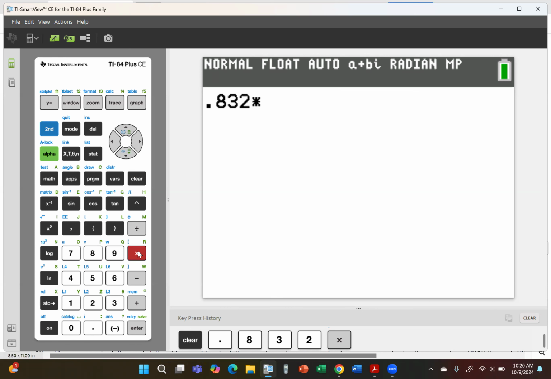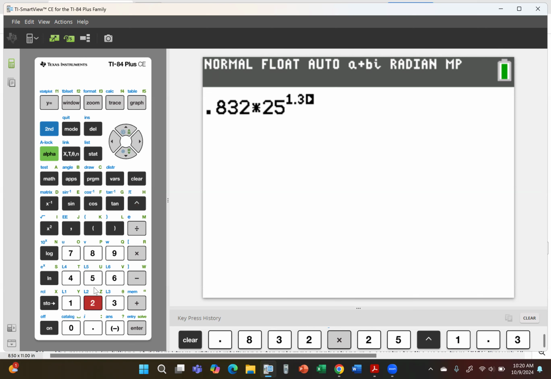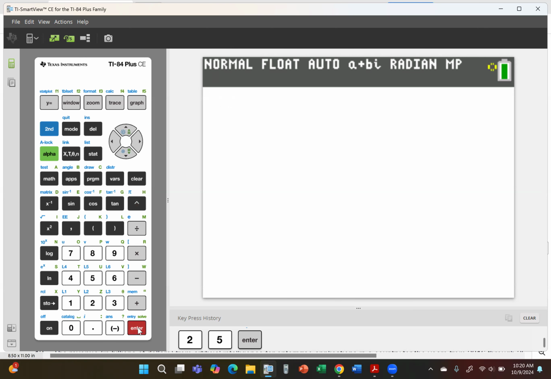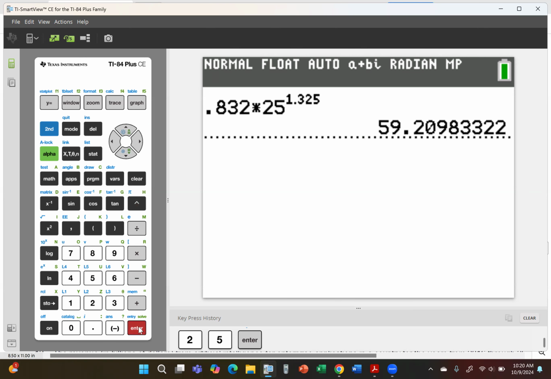You're replacing the x with the number 25, and you're raising that to the power of 1.325. That gives 59.2098, but they want you to round it off to 3 decimal places, so you round the 9 up to 10.